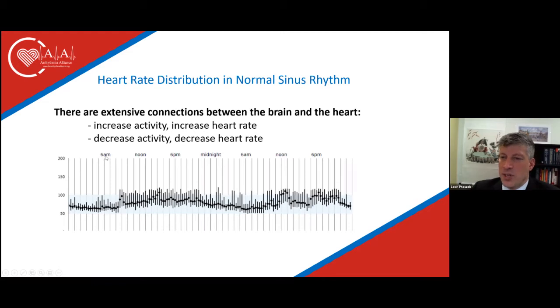You see the timestamps here, 6 a.m., noon, 6 p.m., and so forth, and you see the heart rate listed on the left side here. You see that throughout the day, heart rates vary almost continuously with relatively smooth transitions from one rate to the next.